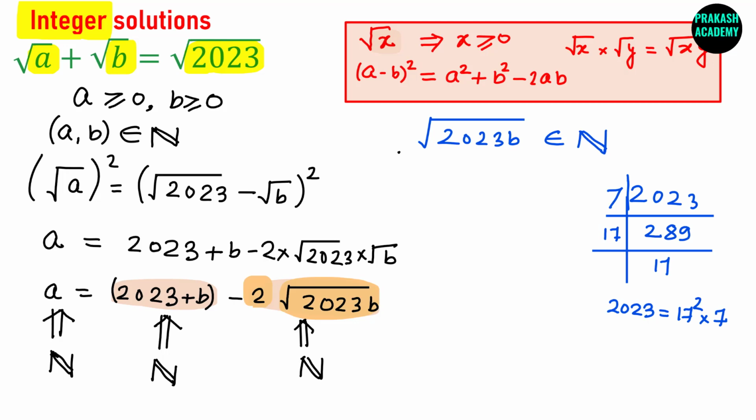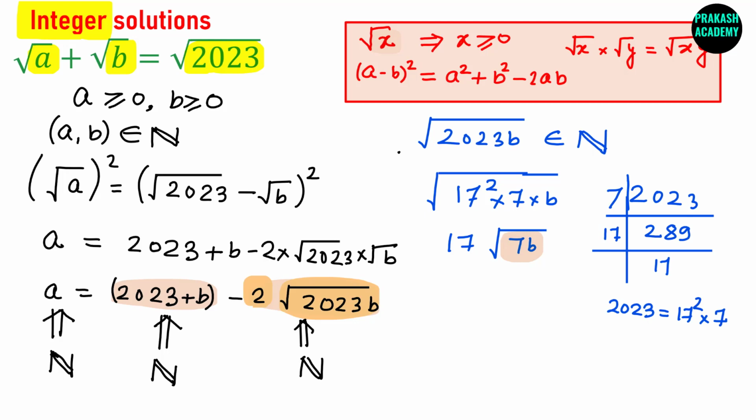So let us plug this value. If you plug this value here, you will have root of 17 square times 7 times b, and this has to be a natural number. Now take 17 outside. This means the quantity that is inside the root also has to be a perfect square, so that I can take this outside and then multiply by 17, then I will have a natural number.